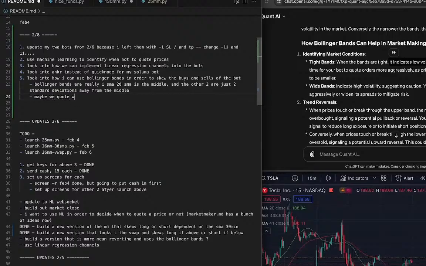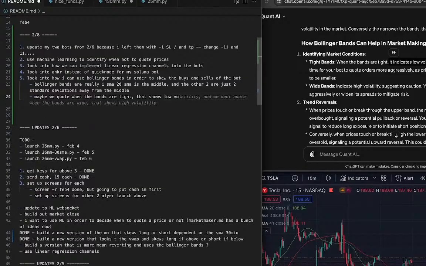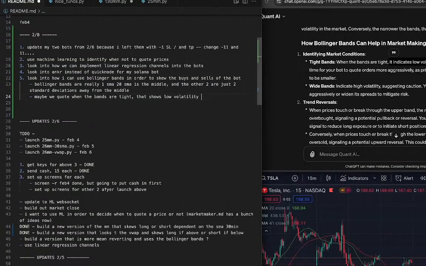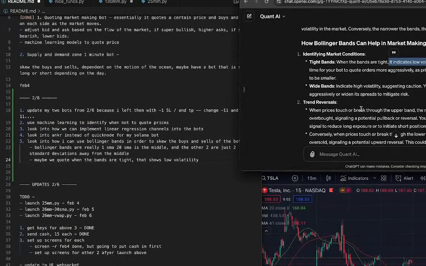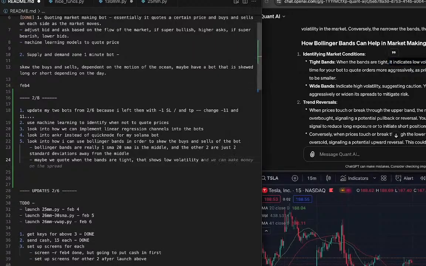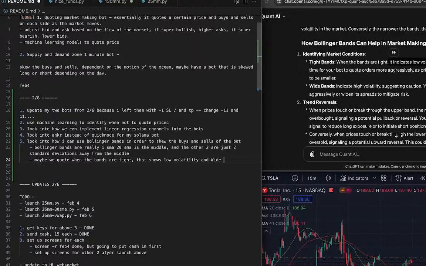So when the bands are tight, that shows low volatility. Okay, now wide bands indicate high volatility.